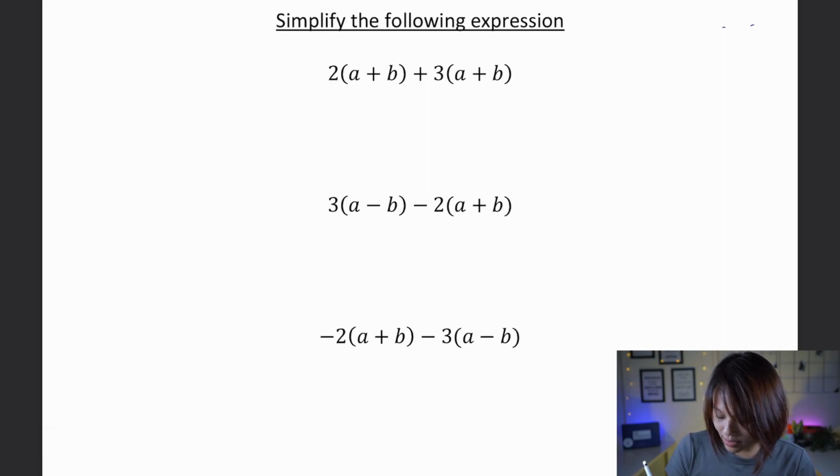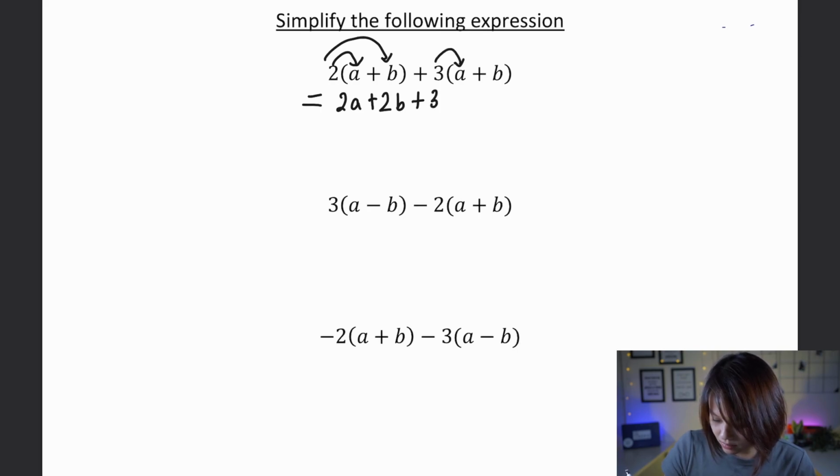How do we expand a linear equation? Usually I will adopt what we call the rainbow method, where we expand the term one by one. For example, we have 2 times a, I will write it down immediately. Then 2 times b, which I will write down immediately also. Likewise for the next term, 3 times a and 3 times b.